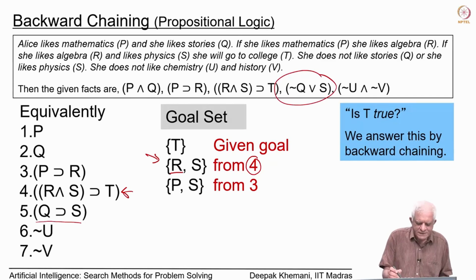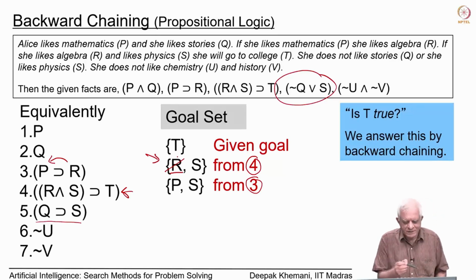It happens because statement 3 says that P implies R, and from R we can backward chain to the goal P. So, we have removed R from our goal set and added P instead to the goal set. Why? Because we could move over rule number 3 in a backward direction, and now we have the goal P and goal S.